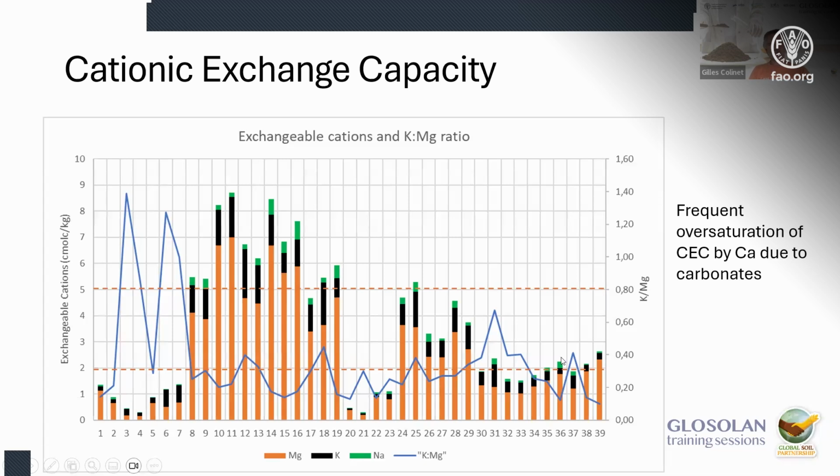What we might suspect here is that for these which are below this dashed line, maybe you could have problems of not enough potassium compared to magnesium, and maybe for those you would have too much potassium compared to magnesium. So we maybe have potential problems of fertility that need to be confirmed for these soils.